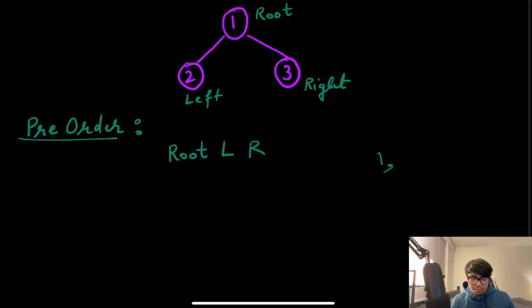Then I want to process my left subtree. So I'll call my recursive function on left. And the beauty of recursion is, if you have the right base condition, which is checking if the root is none, and you are processing left and right in the order you want, then you use your original algorithm. If you call it on your subtrees, it should give you the right answer.